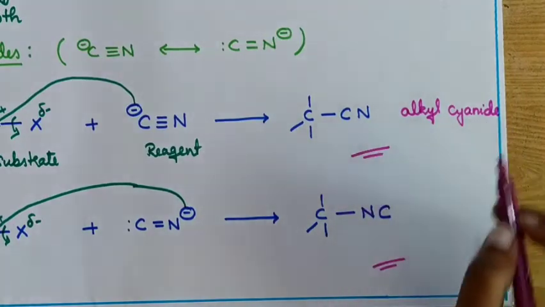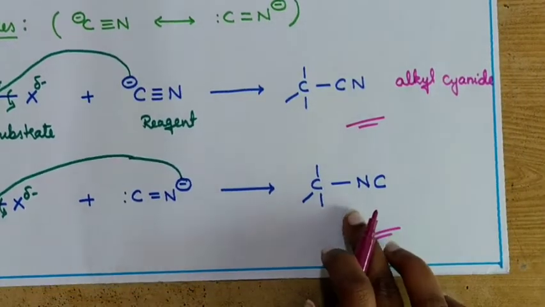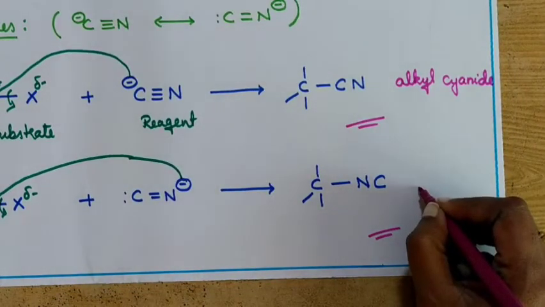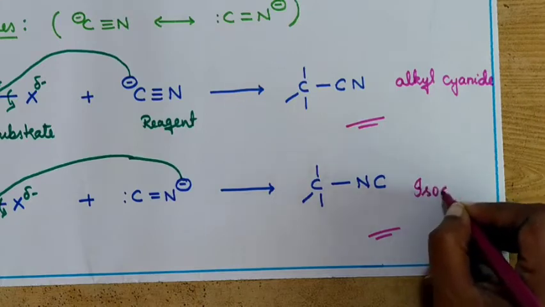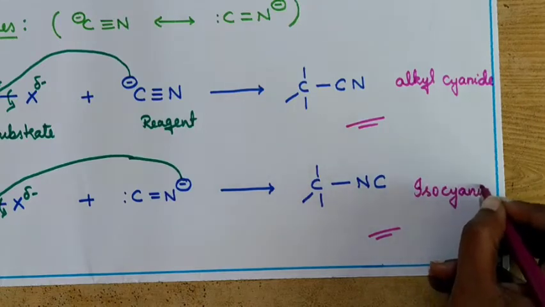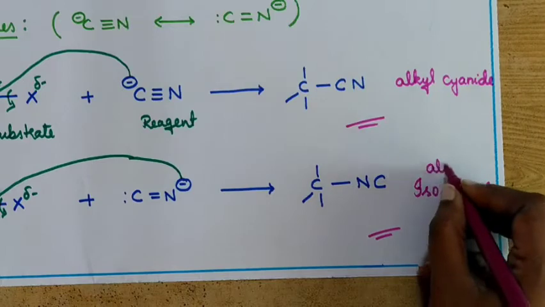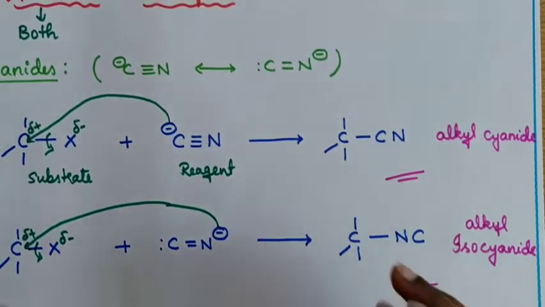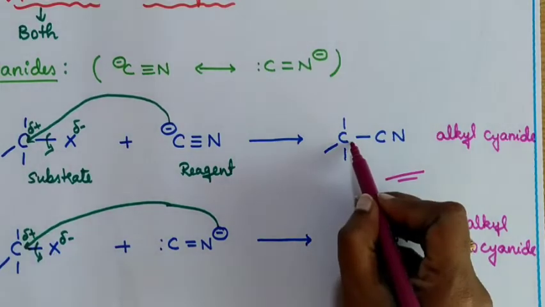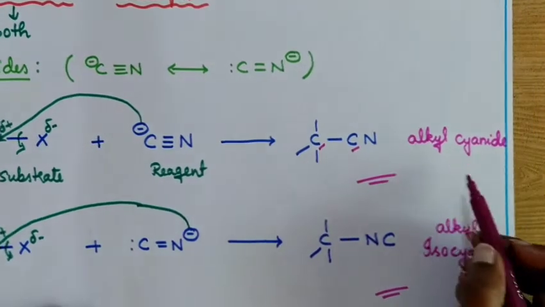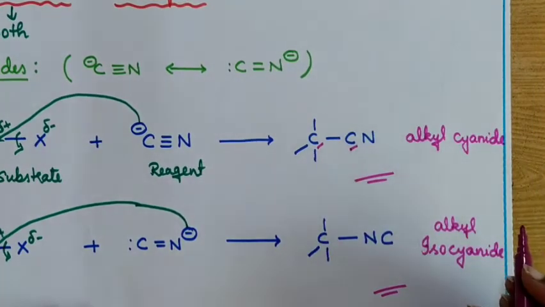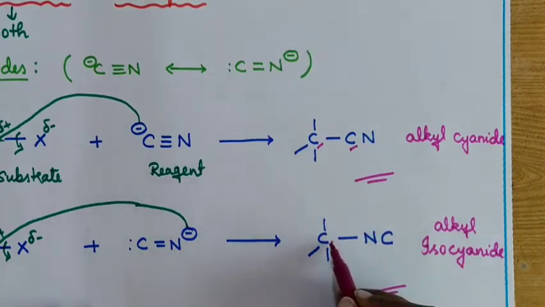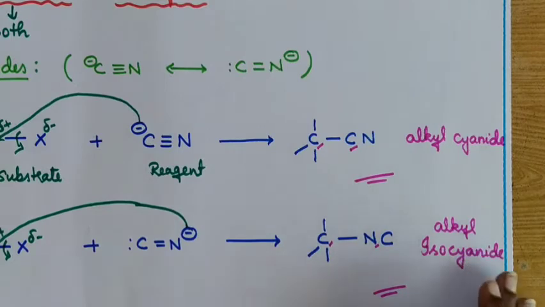CN stands for the cyanide group, and this product can be called isocyanide, or you can say alkyl isocyanide. If the bond takes place between carbon and carbon, it is going to form alkyl cyanide. If the bond takes place between carbon and nitrogen, then it forms alkyl isocyanide.